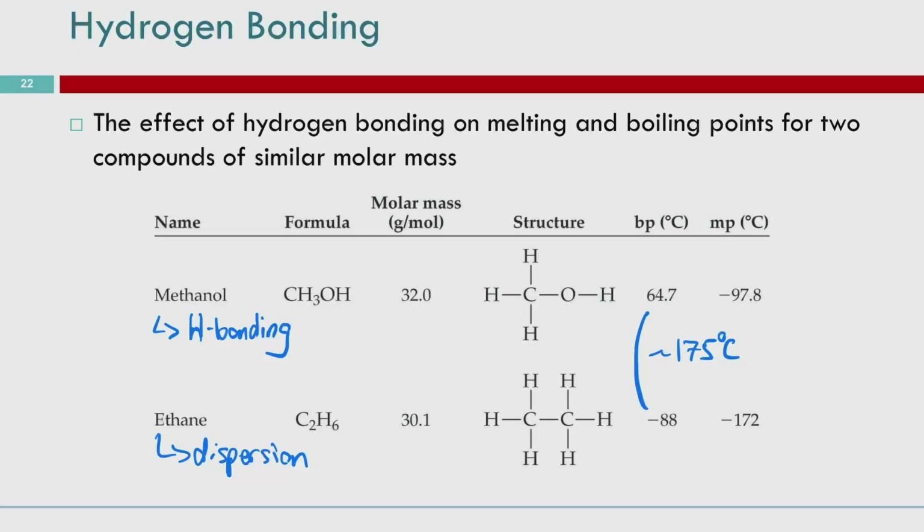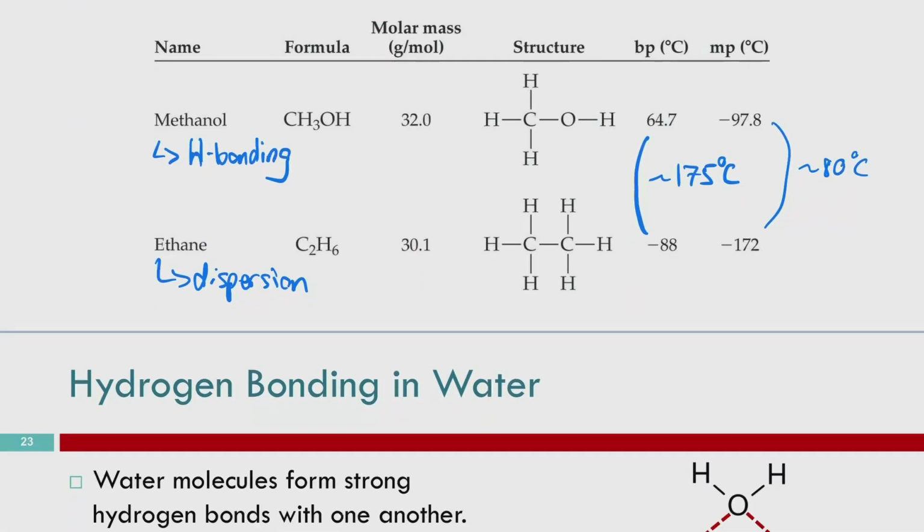So almost double the difference between the freezing point and the boiling point of water. And we've got about an 80 to 90 degrees Celsius difference, 85, for our difference between our melting and our boiling points, just by having the added strength of hydrogen bonding.